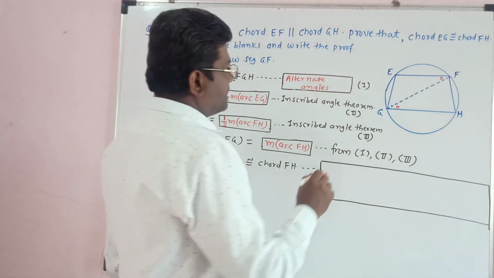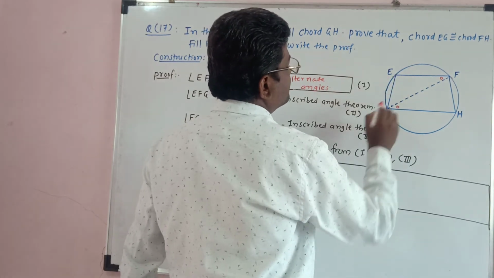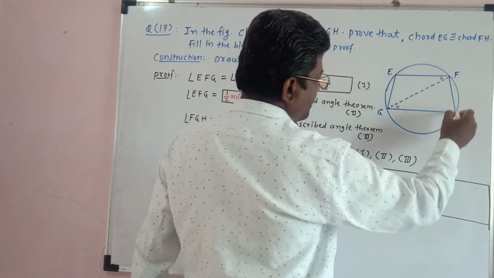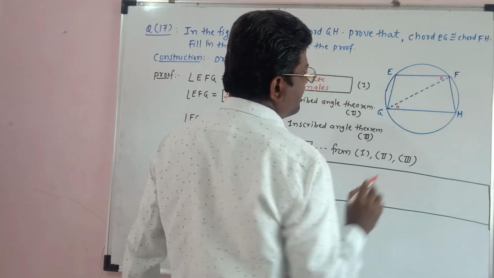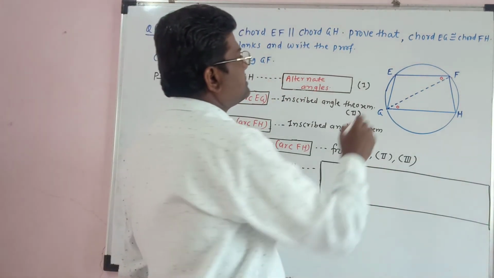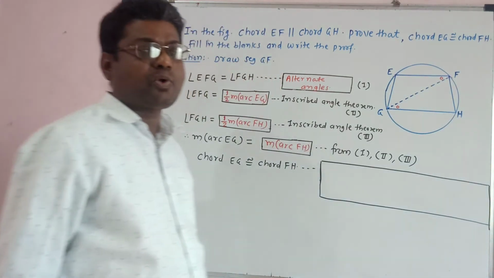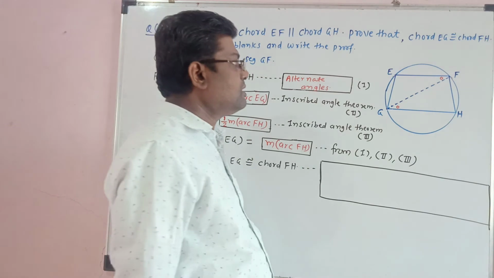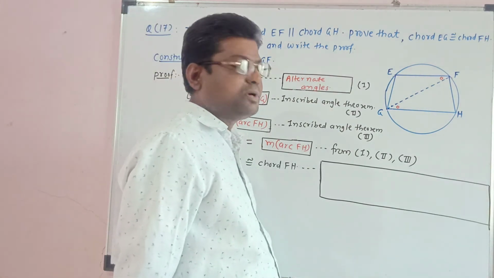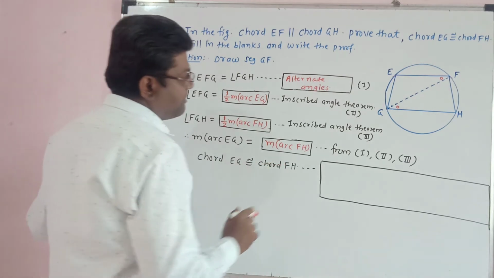Now, this arc corresponds to chord EG and this arc corresponds to chord FH. So, these two chords are congruent. Corresponding chords of congruent arcs are congruent. So, chord EG is congruent to chord FH.